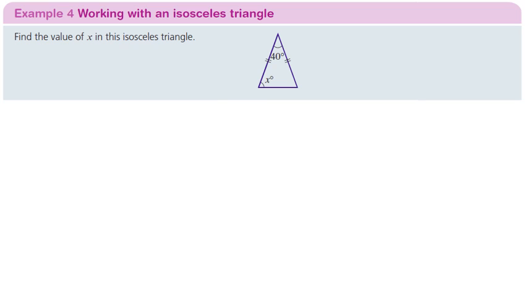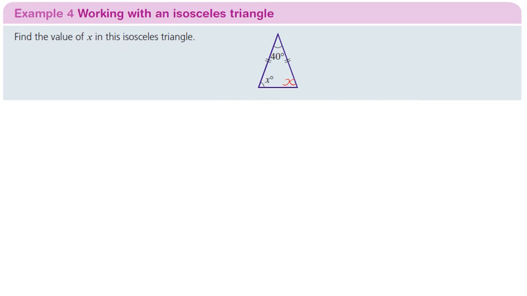This next triangle is an isosceles triangle. I know that because we've got the marks indicating that two of the sides are the same. So if two of the sides are the same, it also means that these two angles are also the same. So if the left one is X, it means the right one is also X. They're the same. So we've got to figure out what X equals. So we're going to use the same rule. All three of the inside angles add to 180.